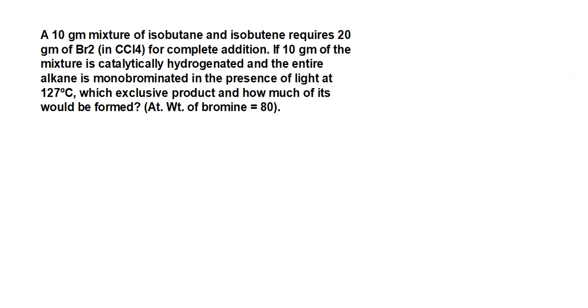a 10 grams mixture of isobutane and isobutene requires 20 grams of bromine for complete addition. Here, you know whether it is isobutane or normal butane, its formula is C4H10, and isobutene formula is C4H8.